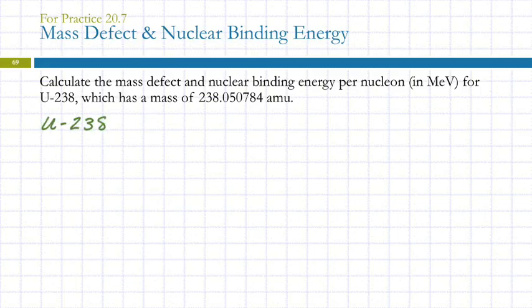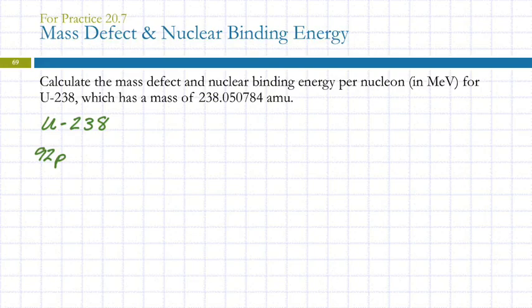Okay, so uranium-238. How many protons? 92. It's element number 92, so we've got 92 protons. How many neutrons? 146.